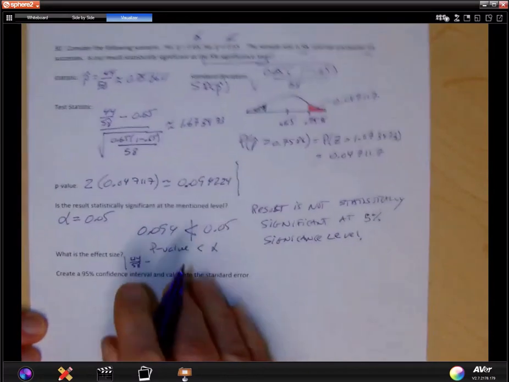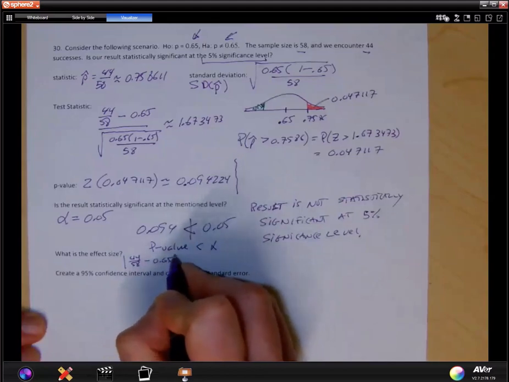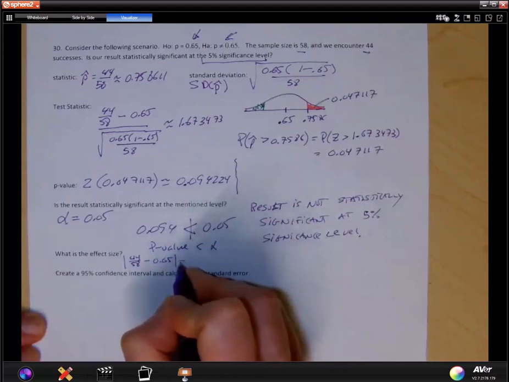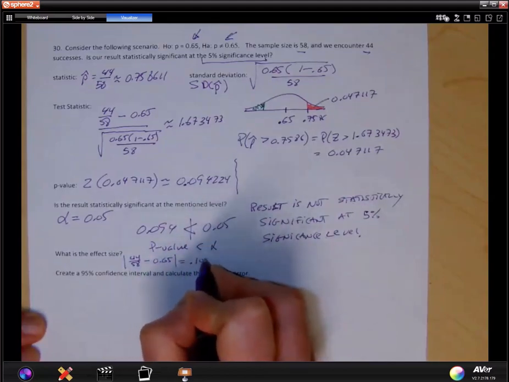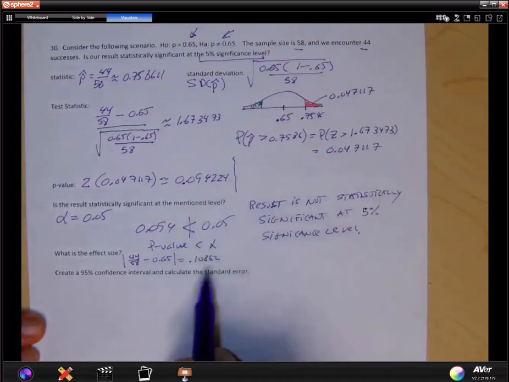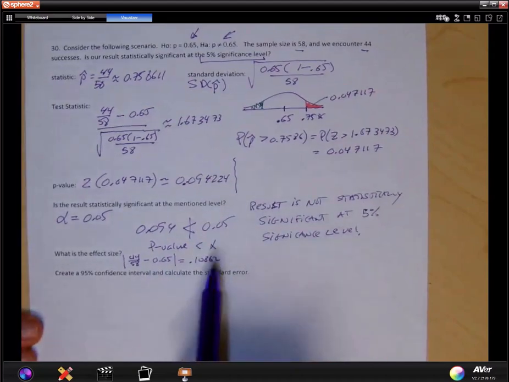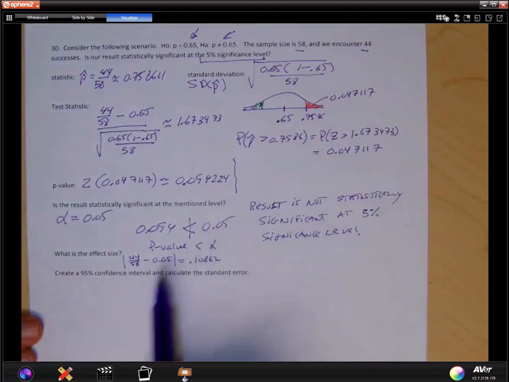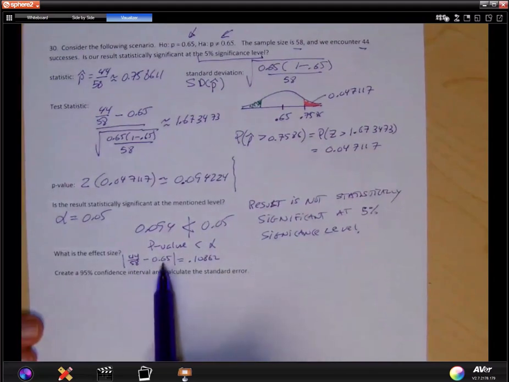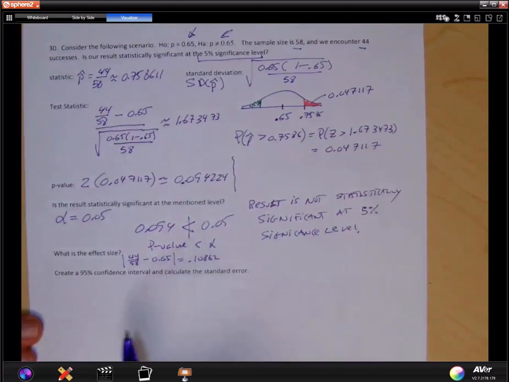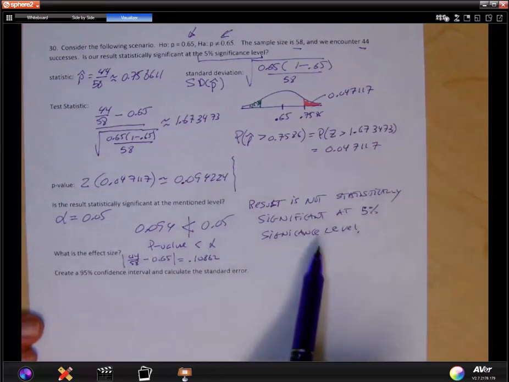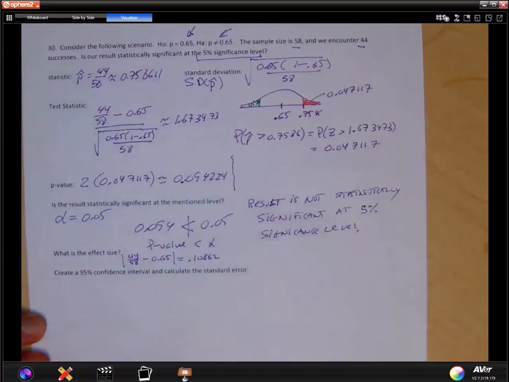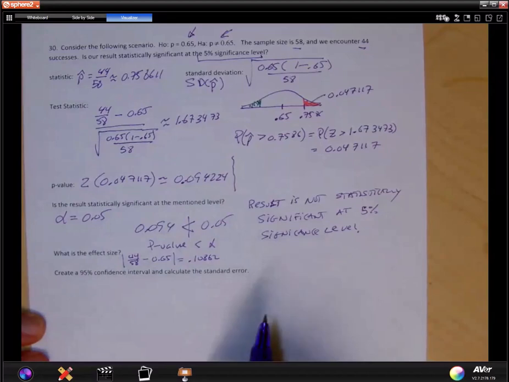So this is always a good idea, just to get an idea of how big an effect. And in this case, it's 10%, or a little close to 11%. So the difference between our observation and what we think is the true value is pretty large. But we still failed to reject that, even though it was large.